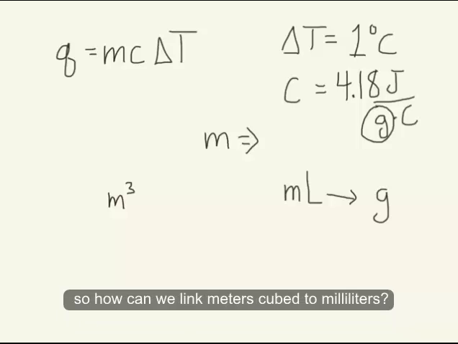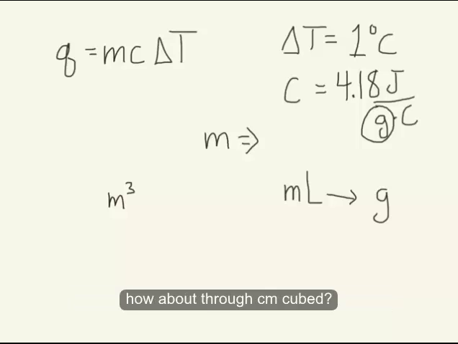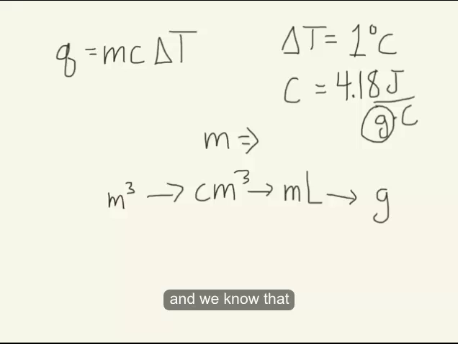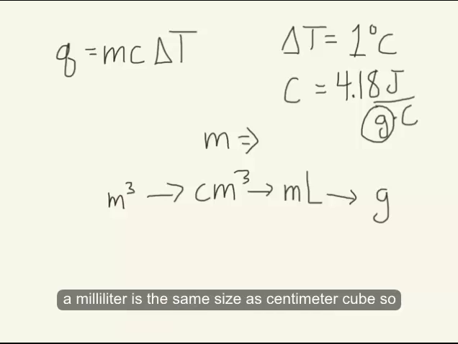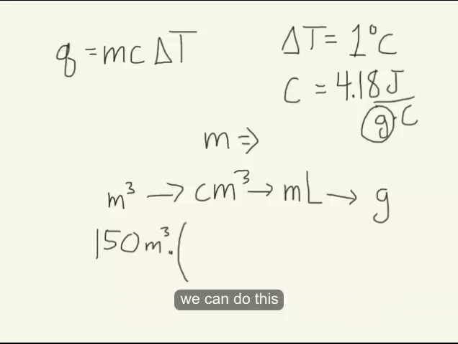So how can we link meters cubed to milliliters? How about through centimeters cubed? And we know that a milliliter is the same size as a centimeter cubed, so we can do this.